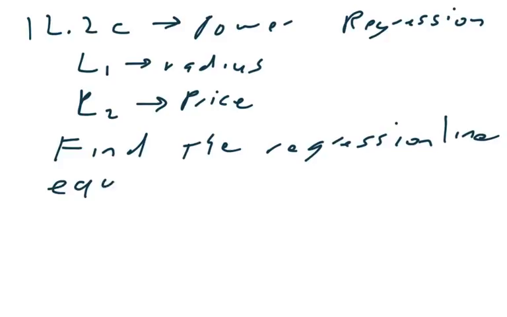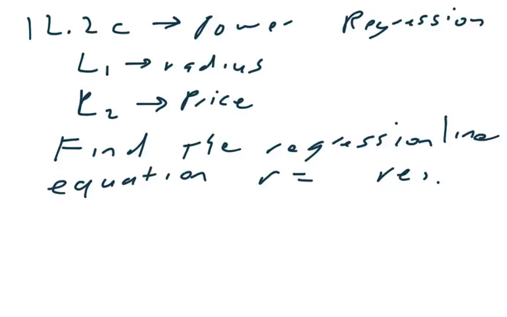So the equation, what R equals, and then we'll also do what the residual graph looks like. So first, put it in, and then do stat calc 8, and we'll see what happens.